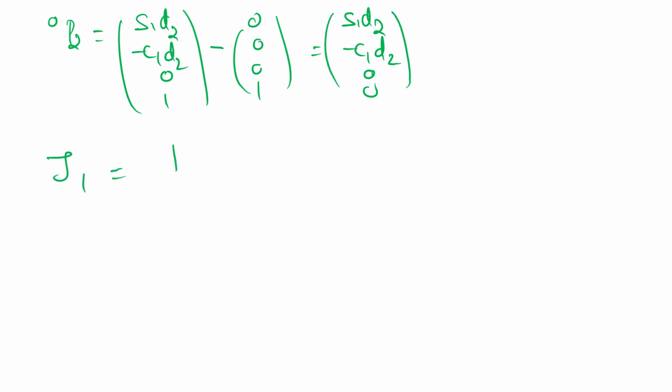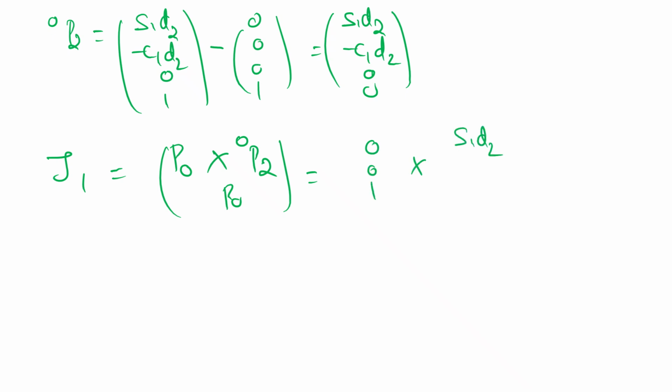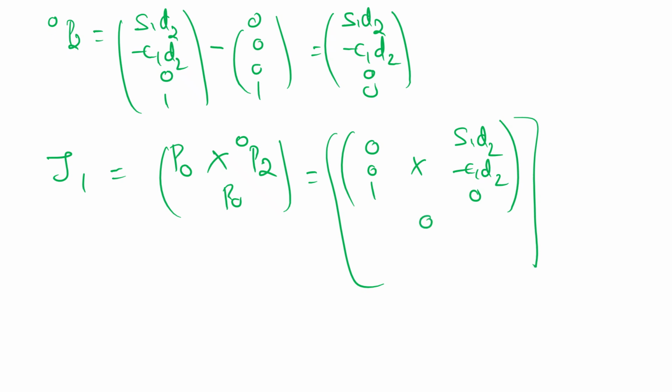Now we do Jacobian one: P0 cross P2 0, and P0. P0 is 0 0 1, cross multiplied with S1 d2, minus C1 d2, 0, and then P0 is 0 0 1.